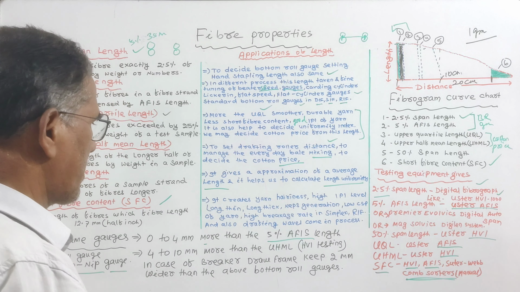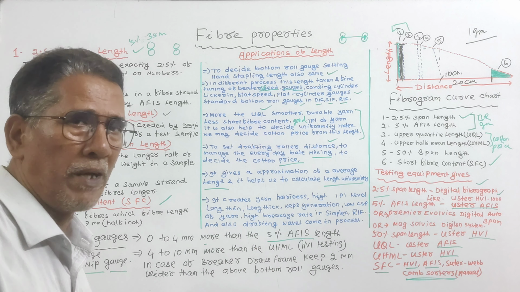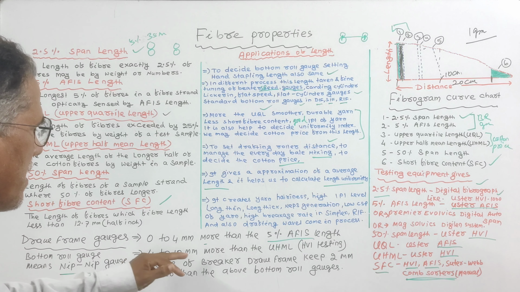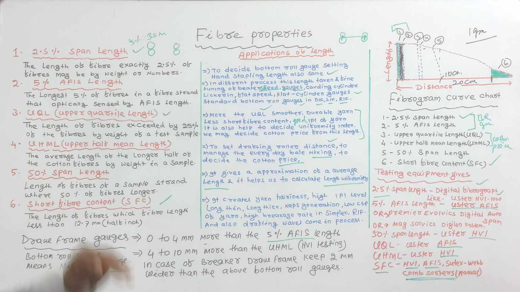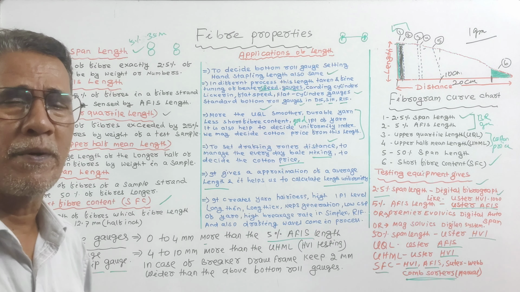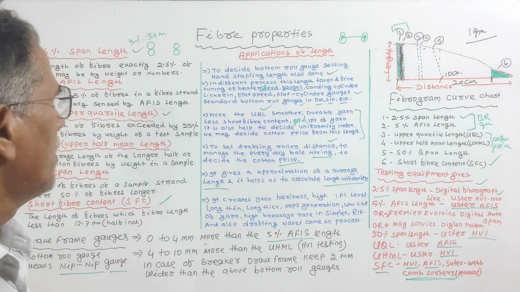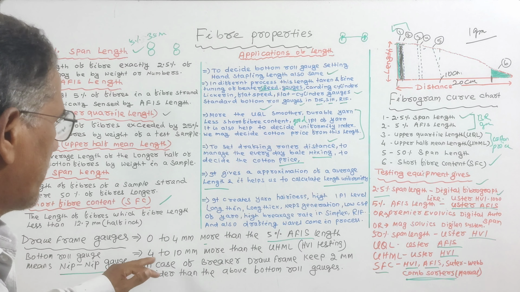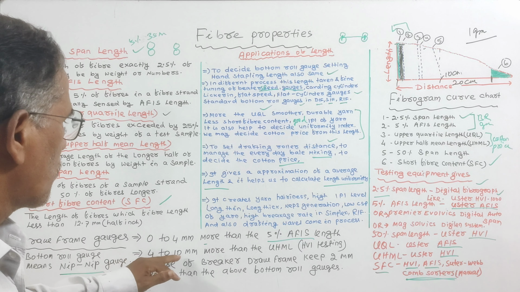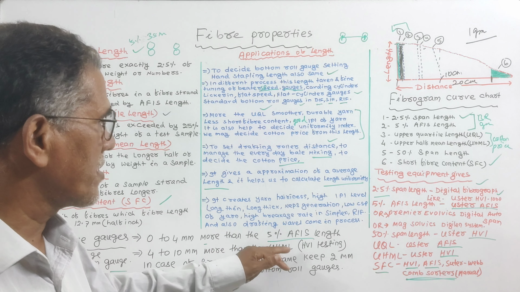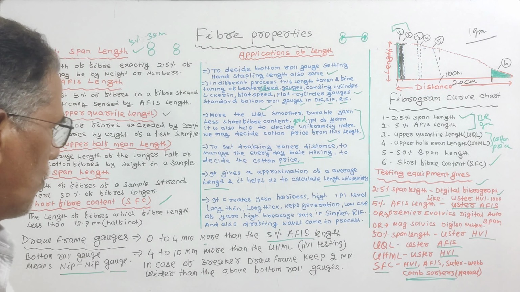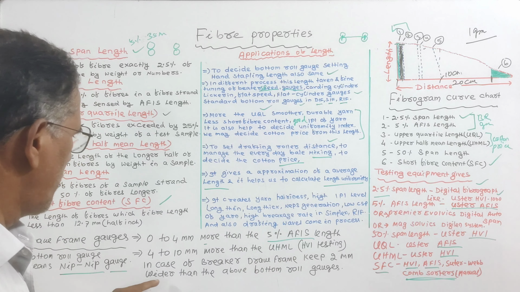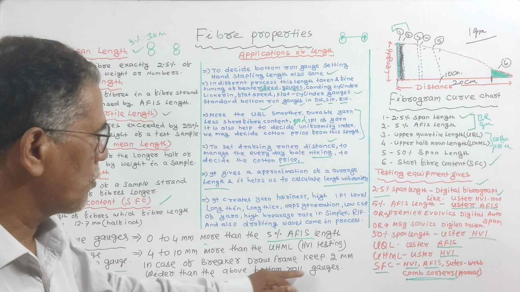If you are doing gauges as per UHML, then it will come 4 to 10 mm more. You see, where 35 mm 5% span length gauge is coming, that fiber is more or less 29 mm. Then at that time you will do 4 to 10 mm more than the UHML HVI testing. In case of bracket drop frame, keep 2 mm wider than the above bottom roll gauge.